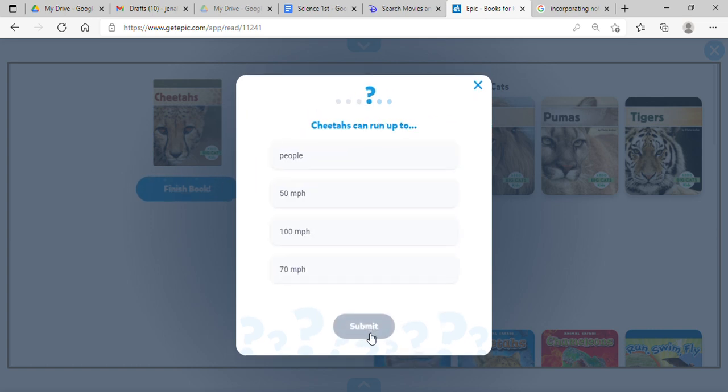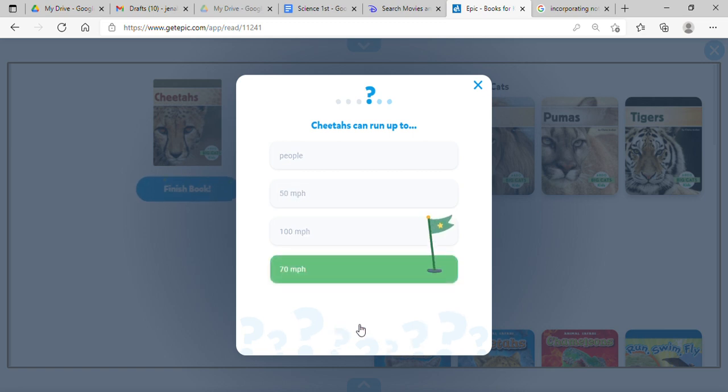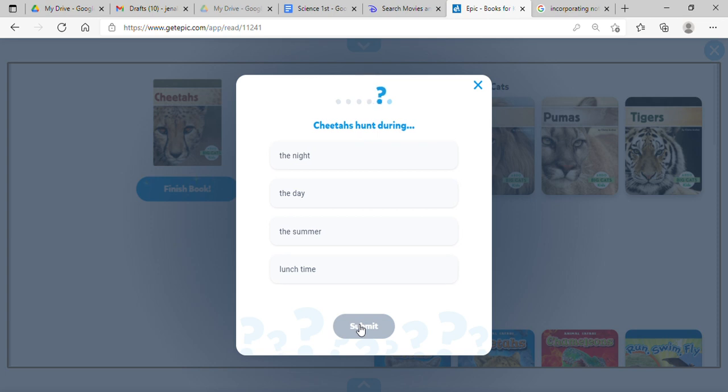Great job. Cheetahs can run up to 50 miles per hour, 100 miles per hour, or 70 miles per hour. Good job. Can you write that down? Oh, yes, right. Just write that. Not just because you remembered it. 70 and then put mph for miles per hour.